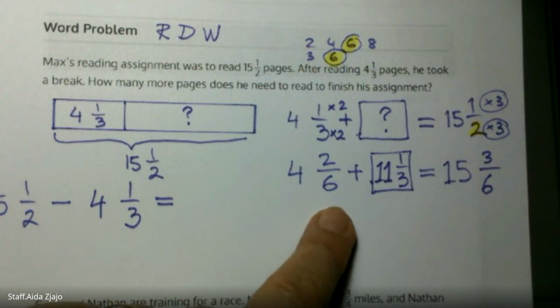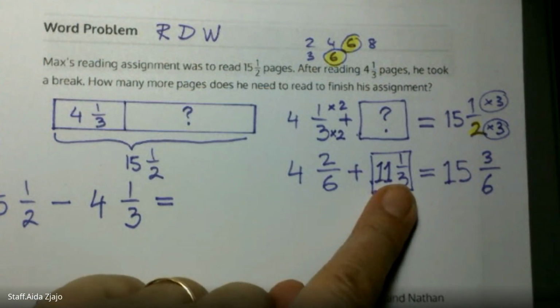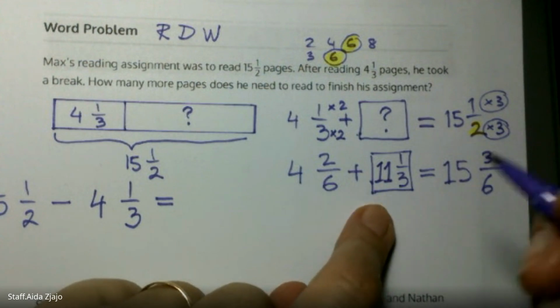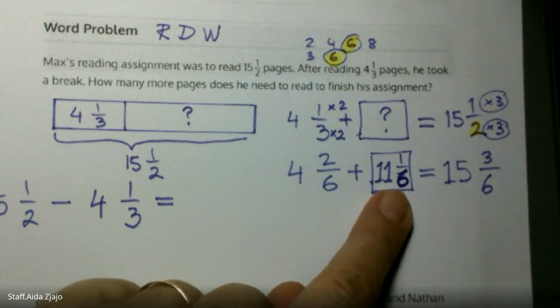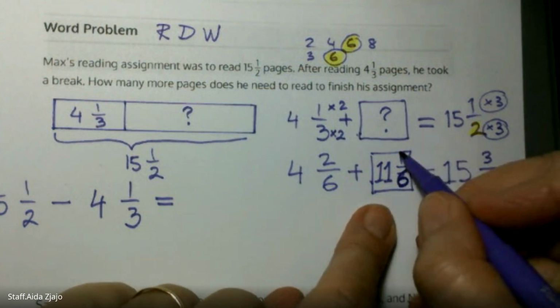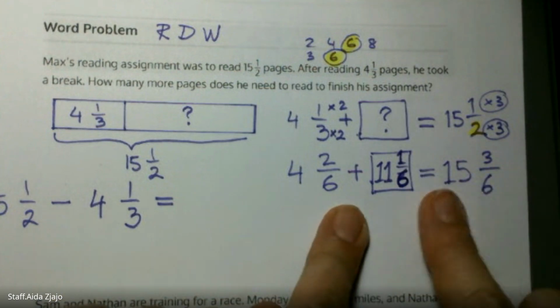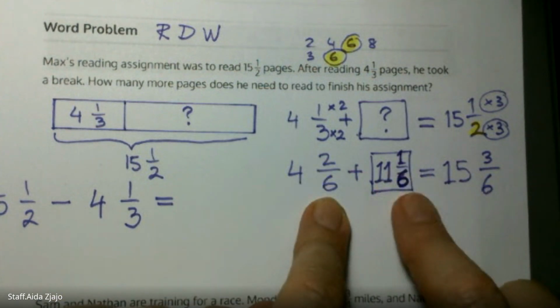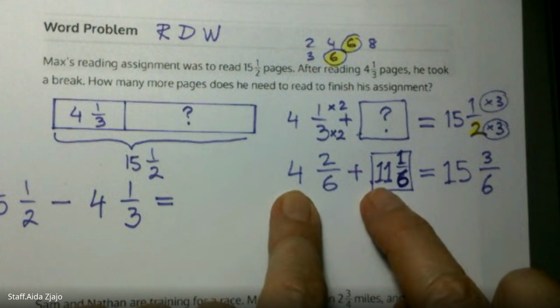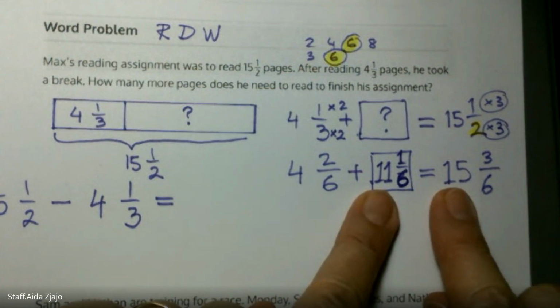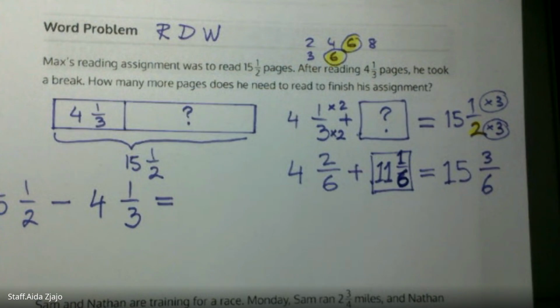So 4 and 2/6 plus 11 and 1/6. Oh, sorry, 1/6, not a third. Mistake. Then 2/6 and 1/6 makes 3/6, and 4 wholes plus 11 wholes makes 15 wholes. We find the unknown number doing this.